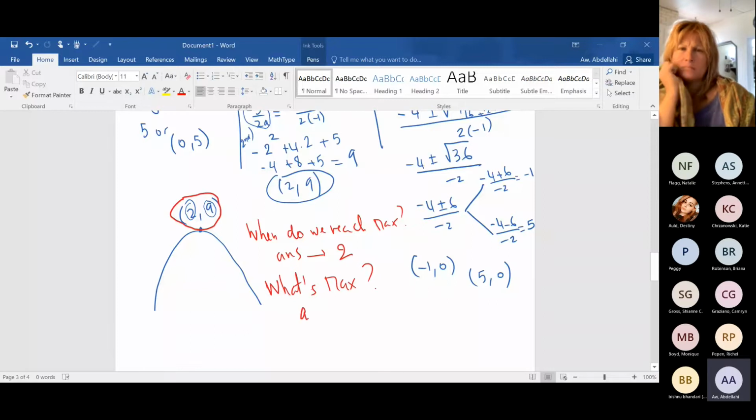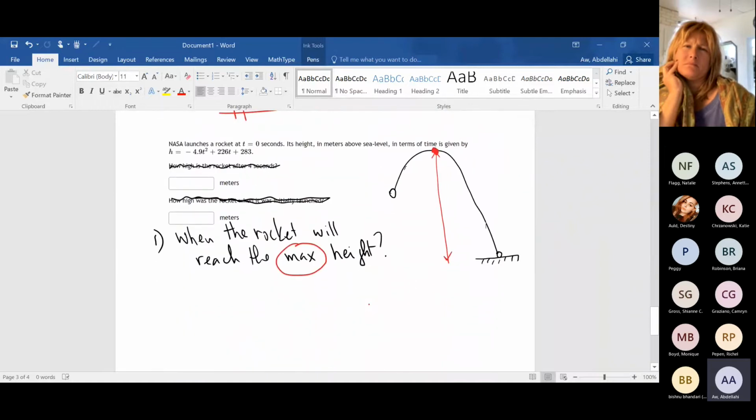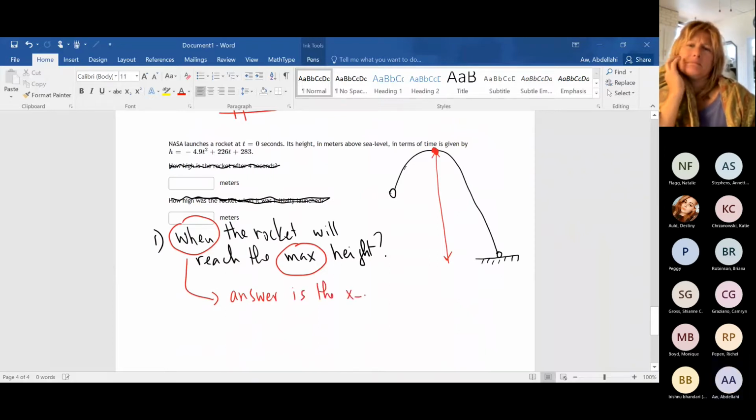The answer will be the 9. You see, same thing here. So here, when we say, when will the rocket reach the maximum height? The answer will be, because of this when right here, the h of the vertex.